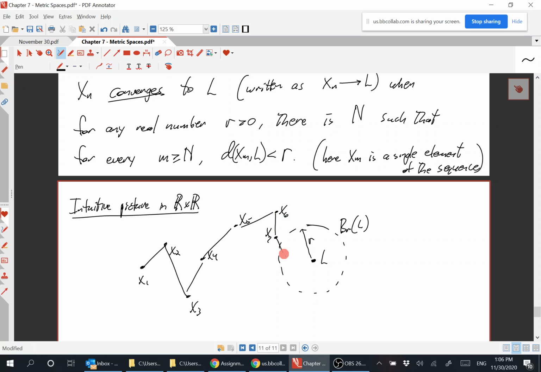Eventually, you go inside the ball and you stay there. Eventually, the sequence goes inside the ball and stays inside the ball, no matter how tiny that ball is around L. Maybe we should make that a different color. No matter how tiny that ball is around L, eventually the sequence goes into that ball and stays inside that ball. That's when you have convergence. If you don't have convergence, there's some balls that are too small. You never get stuck inside there.